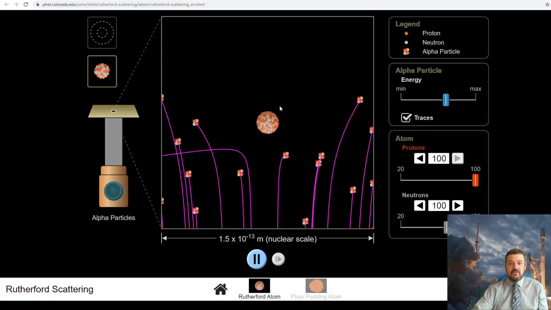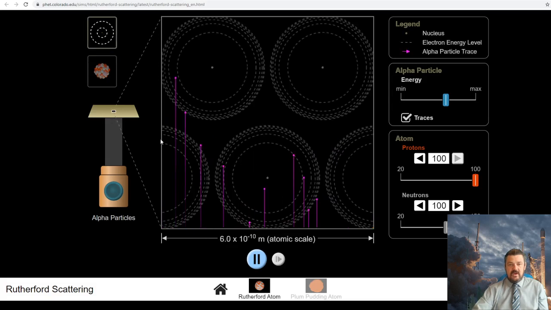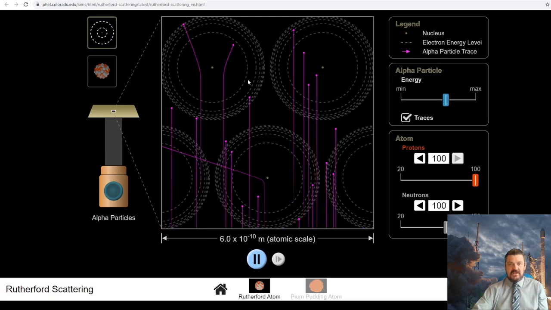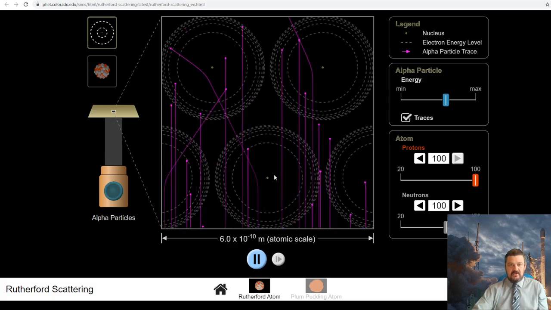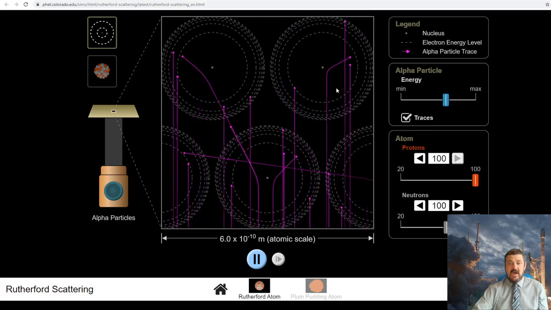Now, if we look at that on a different level, in this simulation, each one of these little dots in the middle represents the nucleus of an atom. Each one of the purple tracers represents an alpha particle. Remember, an alpha particle is positively charged and the nucleus is positively charged.